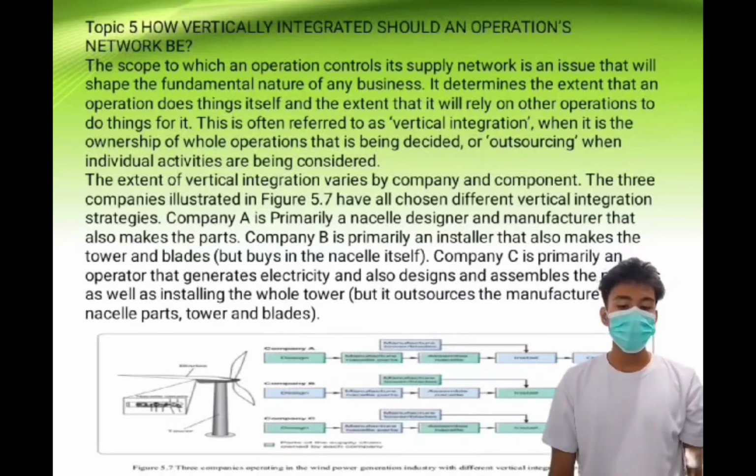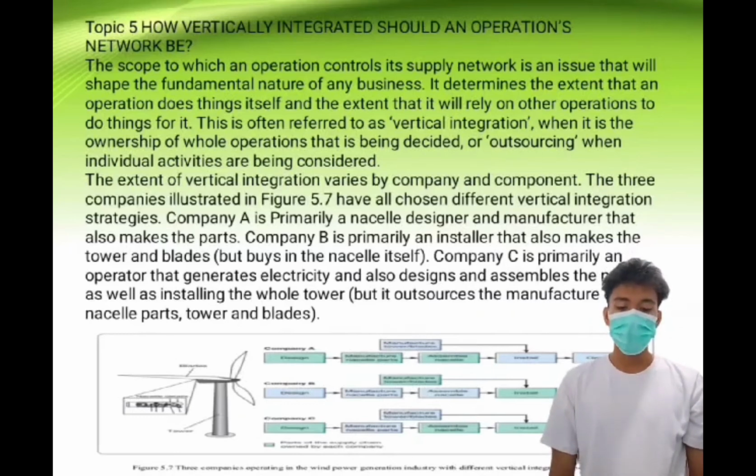The extent of vertical integration varies by company and component. The three companies illustrated in Figure 5.7 have all chosen different vertical integration strategies. Company A is primarily a nacelle designer and manufacturer that also makes the parts.